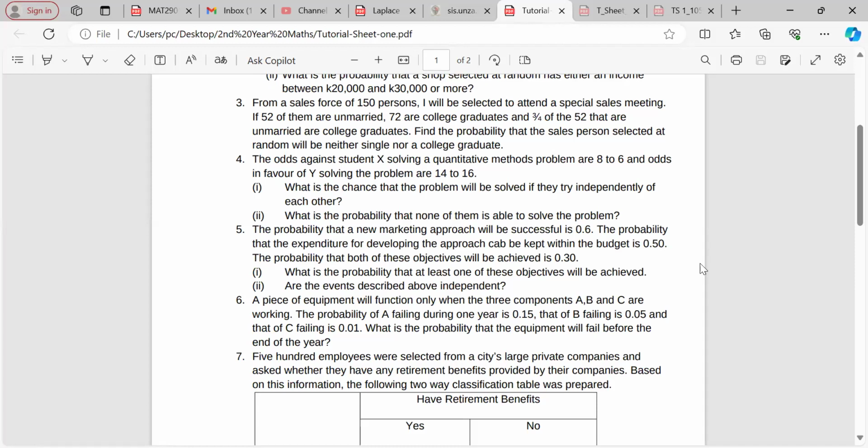The probability that the expenditure for developing the approach can be kept within the budget is 0.5. The probability that both of these objectives will be achieved is 0.3. What is the probability that at least one of these objectives will be achieved? Then, are the events described above independent?